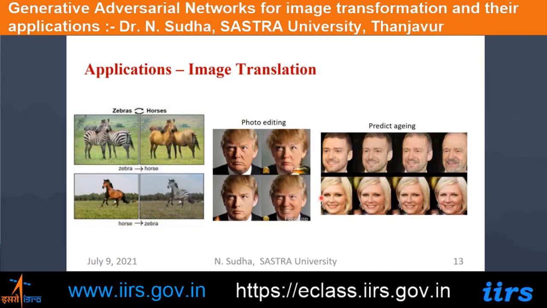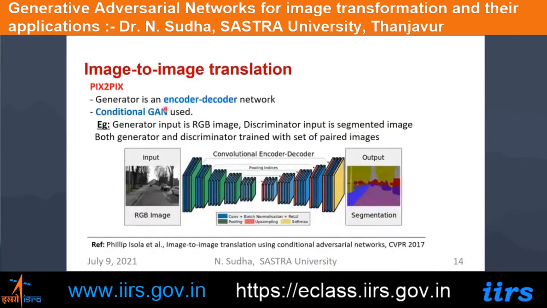In image to image translation, the network is called pix2pix, because each pixel is transformed to another pixel. So the generator should be an encoder decoder network, because the input is an image and the output is again an image.